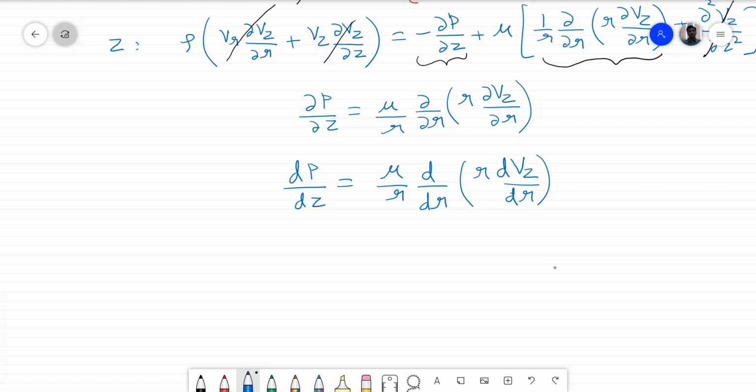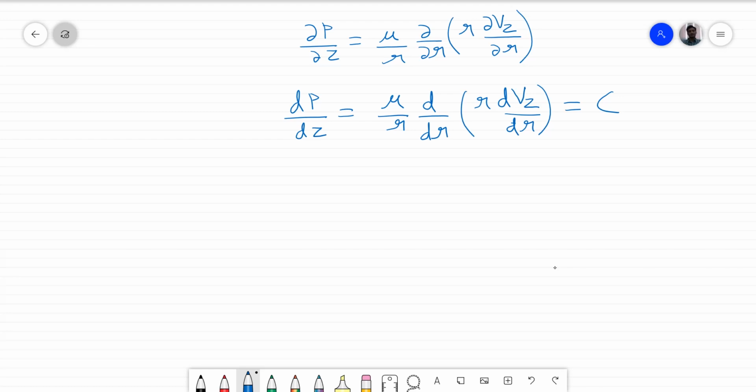Now the right hand side is only a function of r and the left hand side can only be a function of z. Therefore, if these two are equal, they have to be equal to a constant. Otherwise, we cannot have a function of z equal to a function of r. So both of them have to be constants.